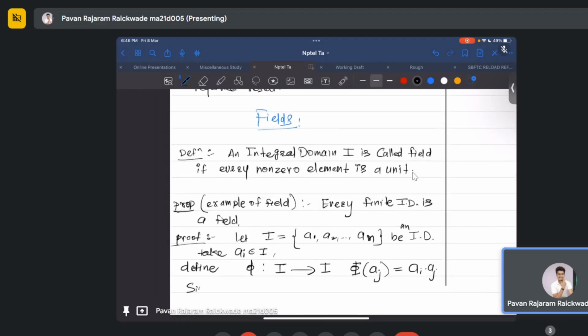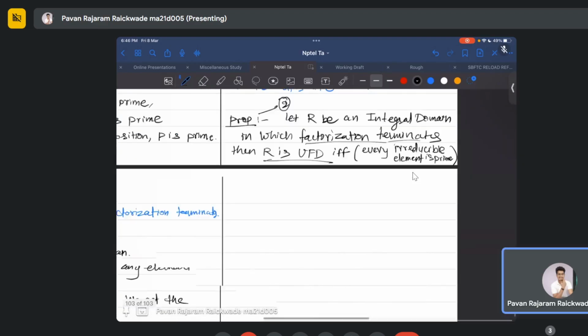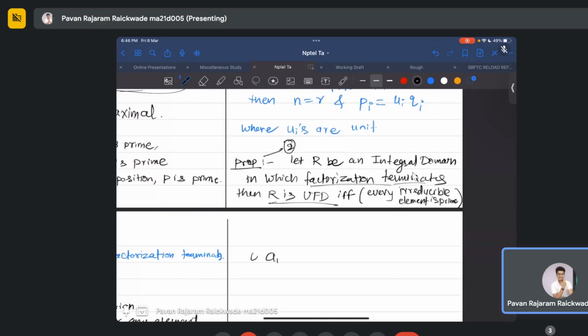Now since I is an integral domain, we get phi is an injective map. Why so? Because if, let's say, phi of some al is the same as phi of some am, this will imply ai times al is the same as ai times am, right?